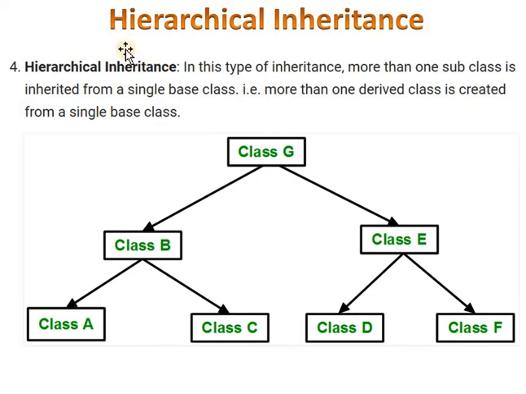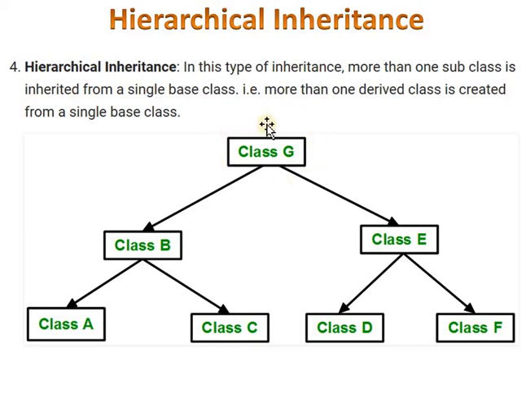That means there is one parent class that has more than one child class. We call this type of inheritance hierarchical inheritance.